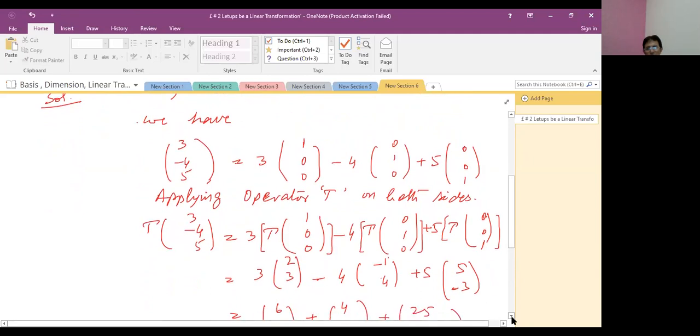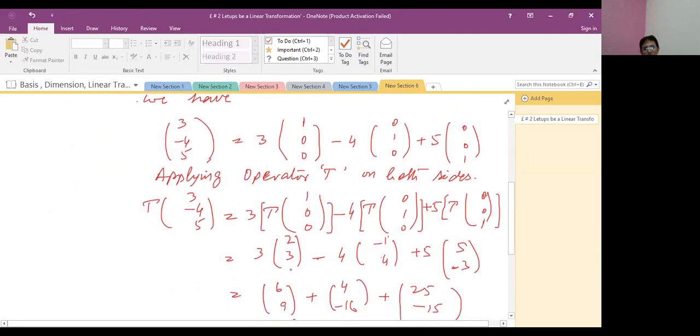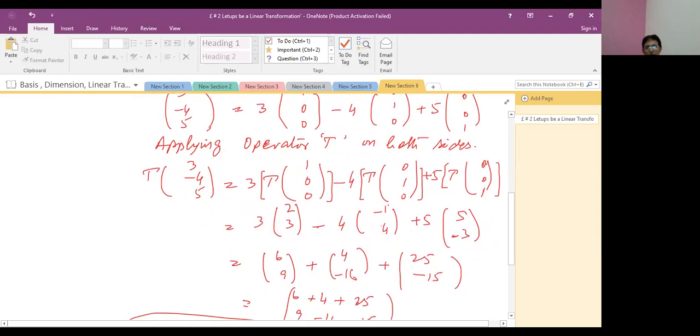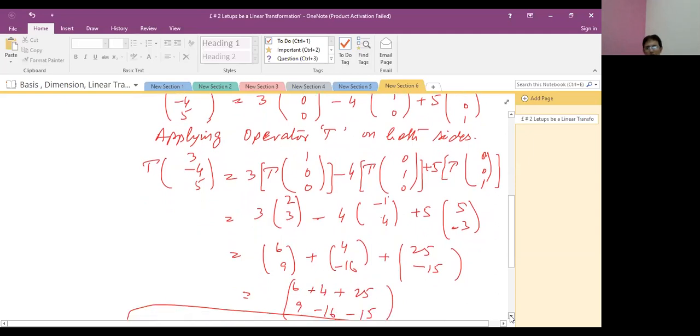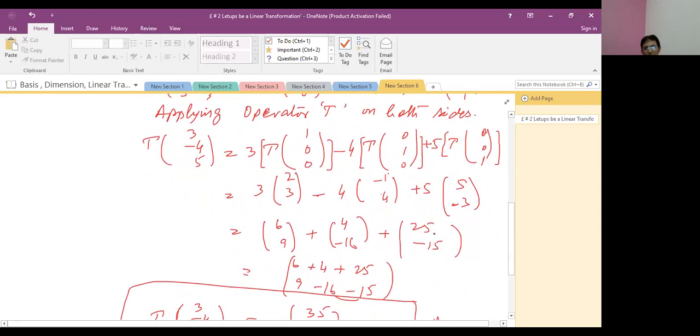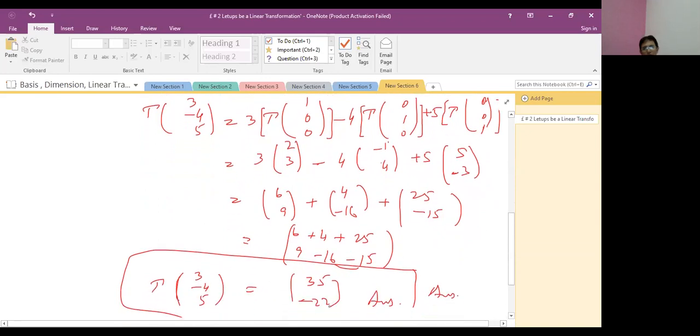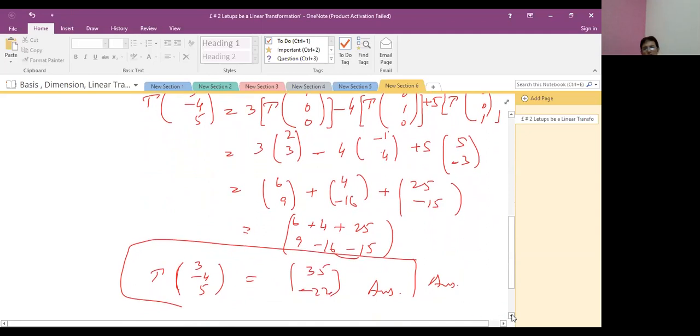After that we multiply 3 by each element of the column vector, 3 times 2 is 6, 3 times 3 is 9, minus minus plus 4, 4 times 4 is 16, and 5 times 5 is 25, 5 times 3 is 15, and we add the first row elements and the second row elements. After that the answer is (35, -22). So this is called the linear transformation according to the given condition.